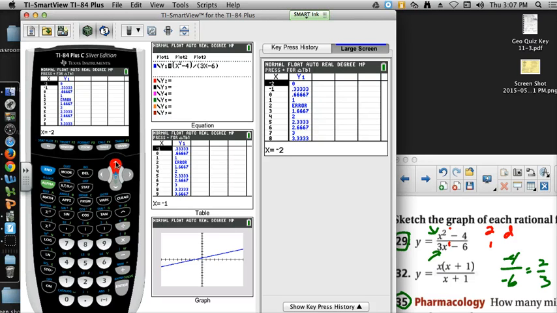And at this point you see, oh yep, there it is, there's my negative 2, 0 for my intercept. And at 2, I see that there's an error. And that tells us we were right to put in that point that we aren't going to be able to use from our domain, which is x equals 2. And then you would just go ahead and grab some of these values and graph those.